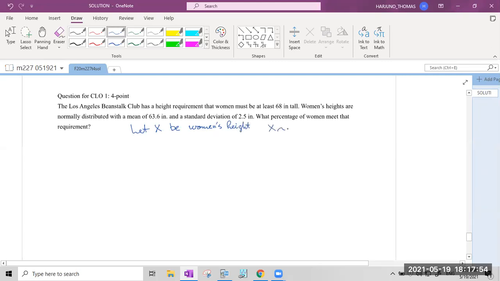This X is normally distributed with mean 63.6 inches, standard deviation 2.5. What percentage of women meet the requirement?